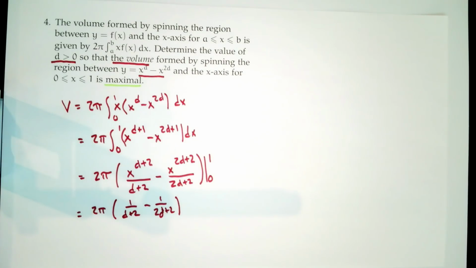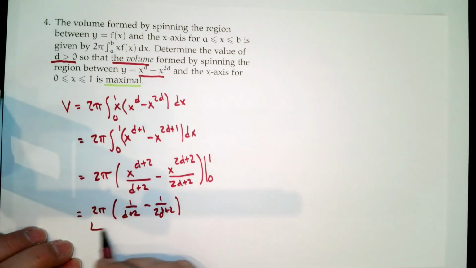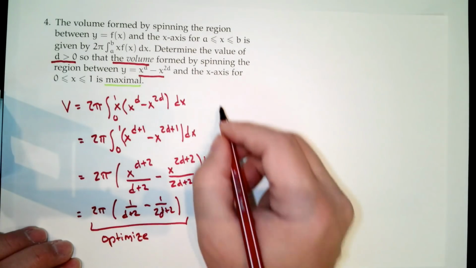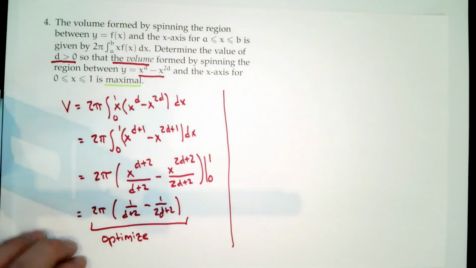All right. So this is the volume. So this part right here, this is what we're trying to optimize. So we want to optimize this expression. Well, now that we know what we're trying to optimize, what do we do to it? When you're doing an optimization problem, step 1, find a formula for what you're trying to optimize in the variable you want to optimize with. That's what we've just done.